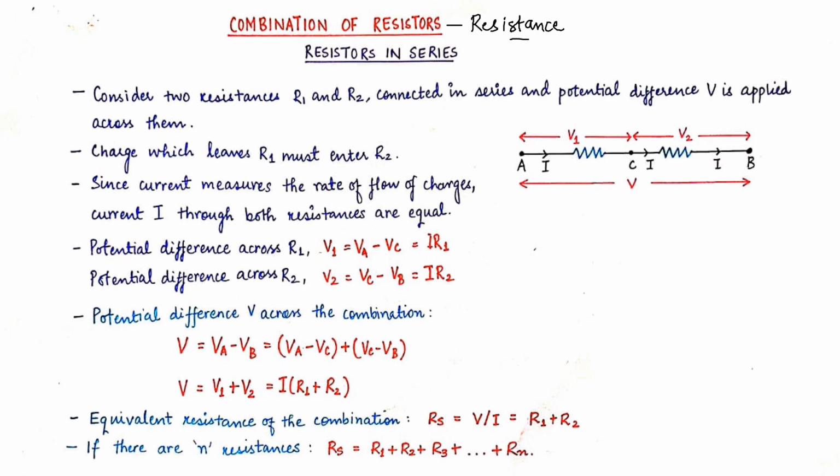What all are the combinations in the resistors we need to understand. First combination is series combination, and the other combination is parallel combination.